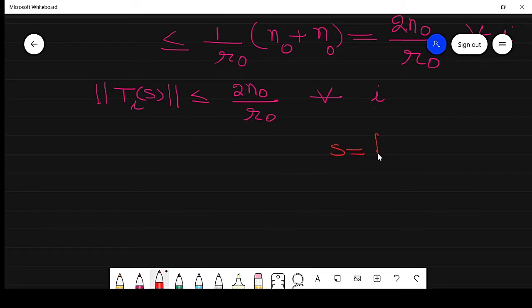So S is the set of all y, y belongs to B such that norm of y is less than or equal to 1.